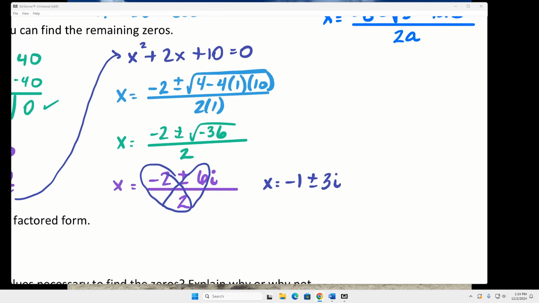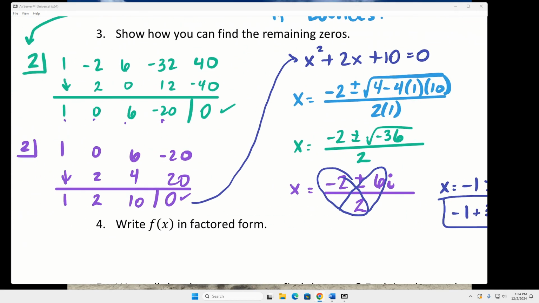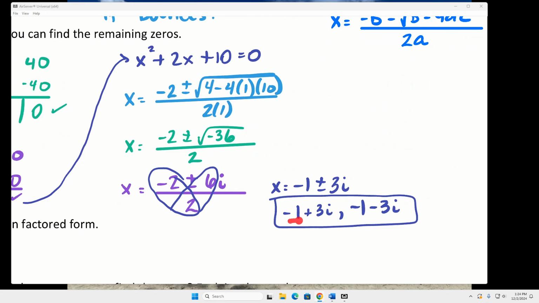And that gives you 2 more zeros. Negative 1 plus 3i and negative 1 minus 3i. So that's 4. 2 real, these 2 count as 2 real, and then 2 imaginary.